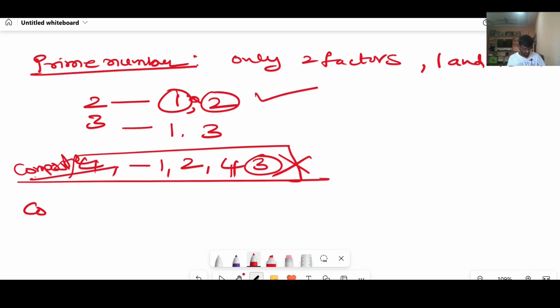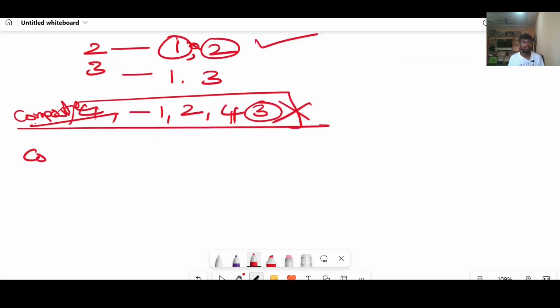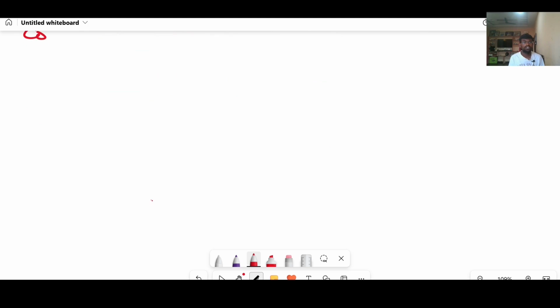The numbers which have more than two factors are called composite numbers, right? And now we will discuss that question. We need to prove it. Next one, what is that fourth question? 7 into 11 into 13 plus 13. First one is this one.